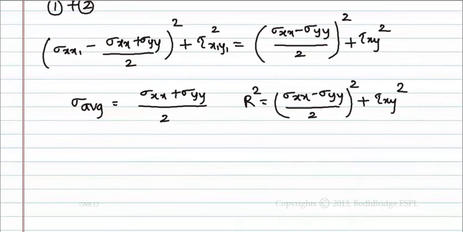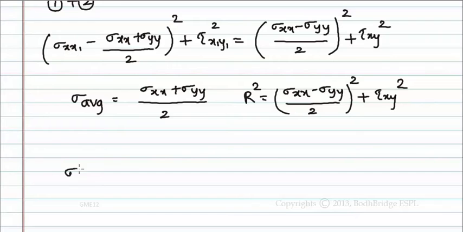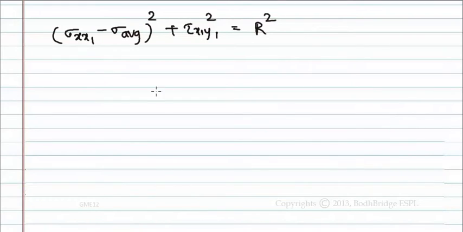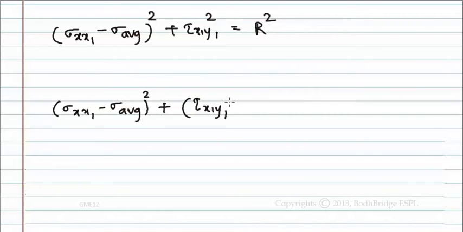Then the above equation will become (sigma x1 minus sigma average) whole square plus tau x1y1 square is equal to r square. The above equation can be written as (sigma x1 minus sigma average) whole square plus (tau x1y1 minus 0) whole square is equal to r square.